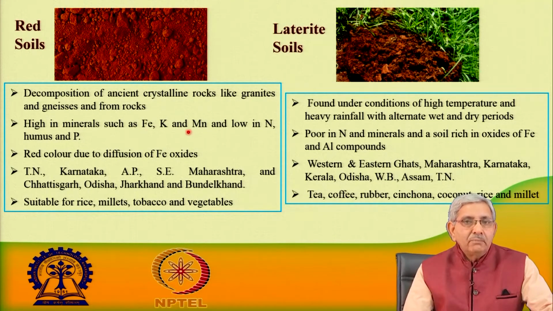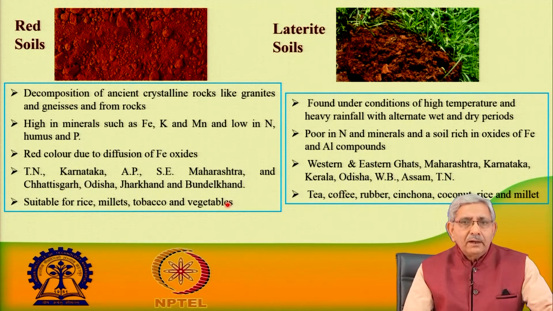These soils are rich in minerals as well as iron, potassium, manganese, but they are deficient in nitrogen, humus as well as phosphorus. Rice, millets, tobacco and vegetable crops are being grown.